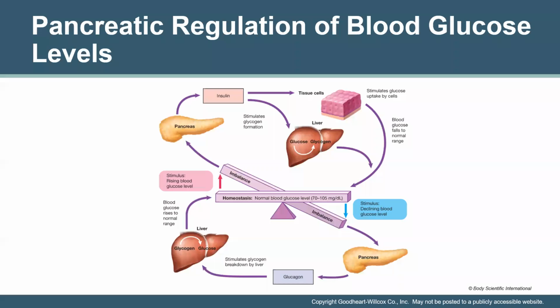When we talk about the pancreas, okay, I mentioned the beta cells of the pancreas. Let's walk through a little bit of this, okay? It's located posterior to the stomach in the upper part of the abdominal cavity. Remember, I mentioned it has exocrine plus endocrine function. It's part of the digestive system as well.